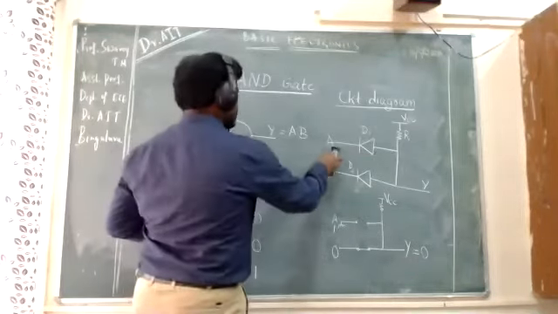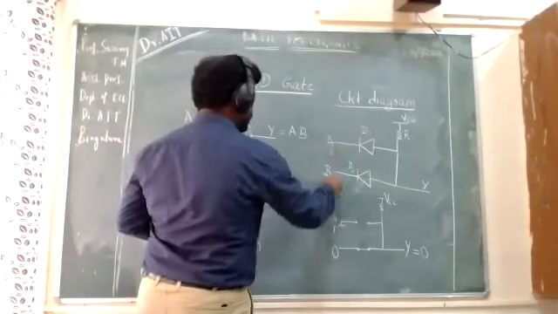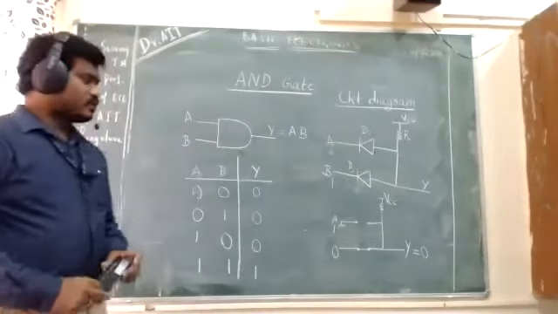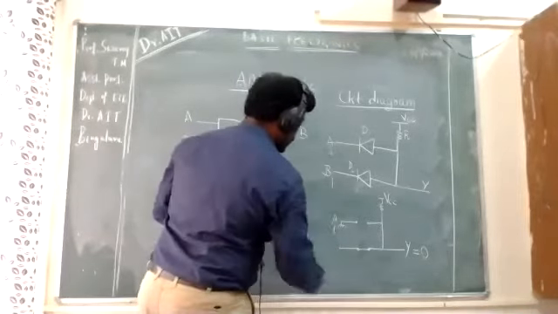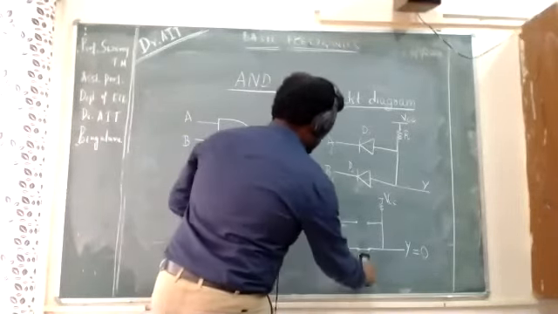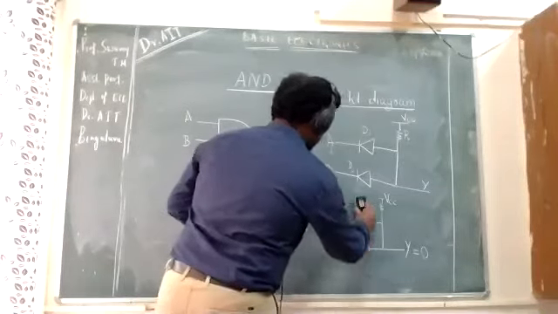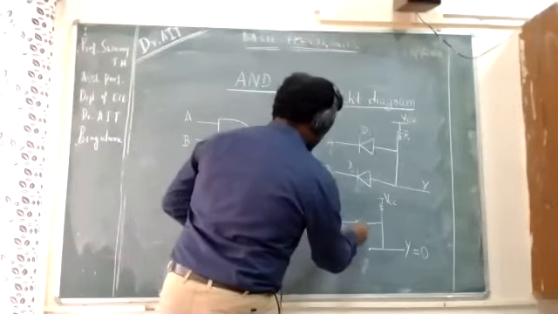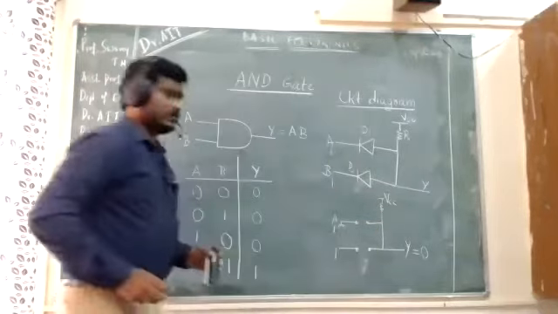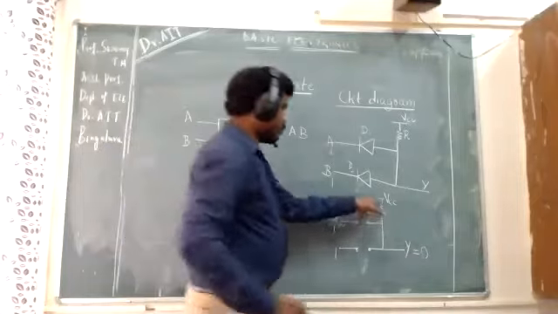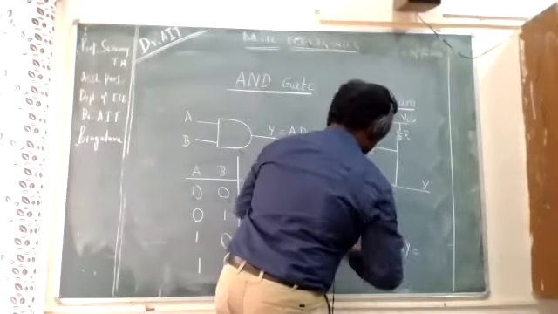The last case is when both inputs are logic high. What will happen? Both diodes are open circuited, and the same voltage is at the output.